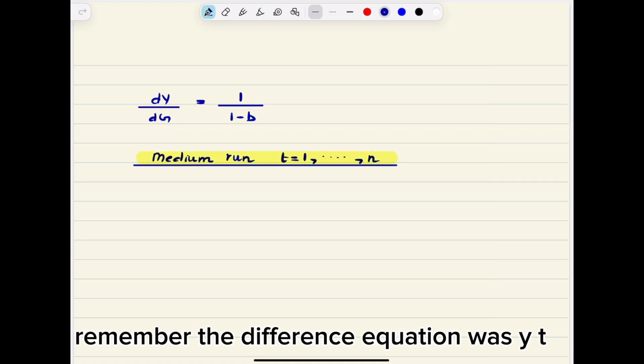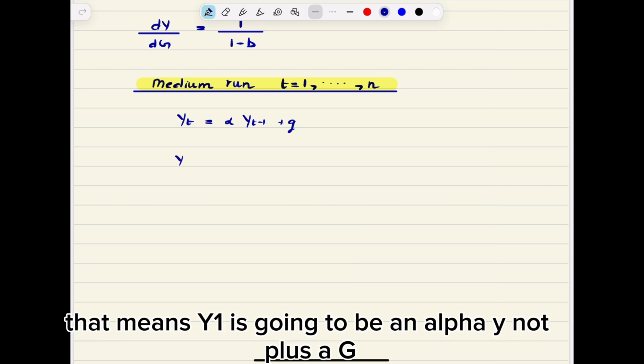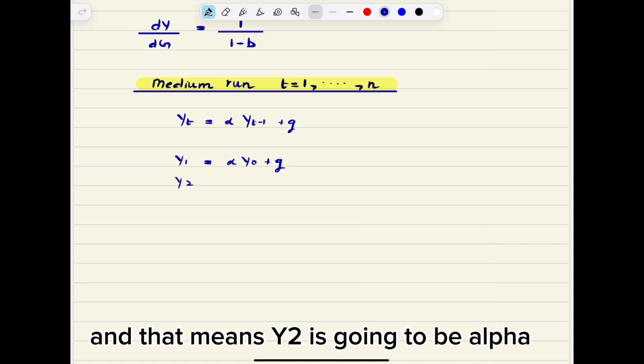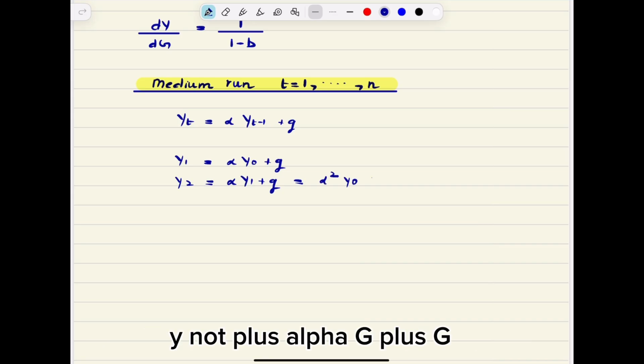Remember the difference equation was yt equals alpha yt minus 1 plus a g. So that means y1 is going to be alpha y naught plus a g, and y2 is going to be alpha y1 plus g, which becomes alpha square y naught plus alpha g plus g.